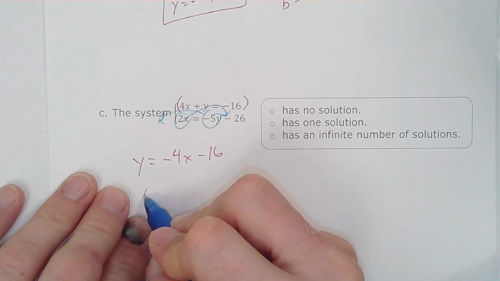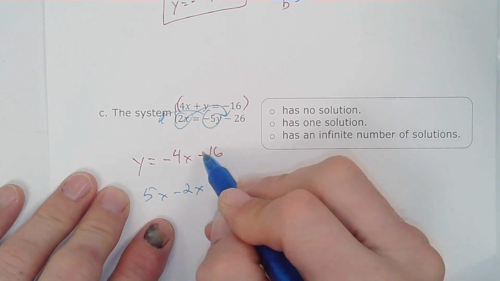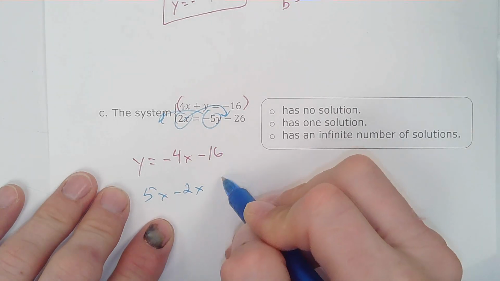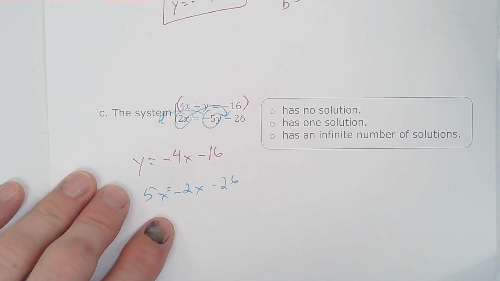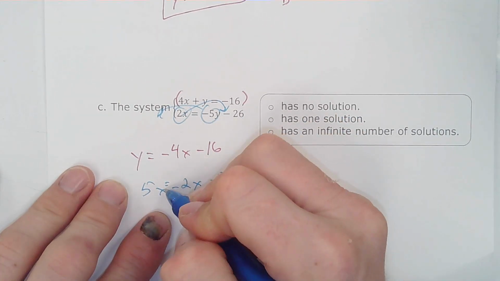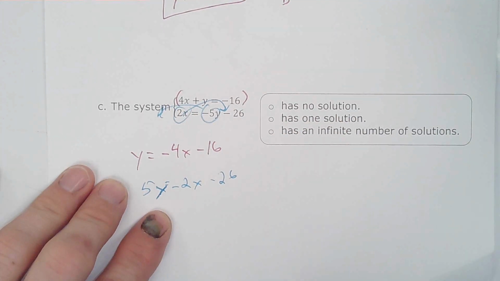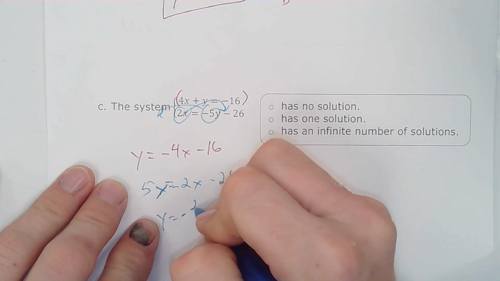So it's going to be 5y equals -2x minus 26. Sorry, this should be a y. Now divide both sides by 5. So this is going to be y equals -2/5.